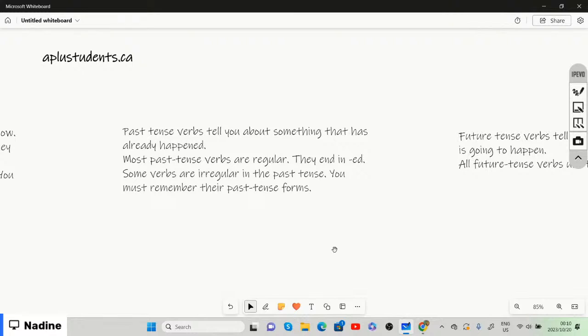Most past tense verbs are regular, and usually if the verb is regular, it ends in ed or just in d, like play and played, watched, jumped. So it is regular and the verb just ends in ed.